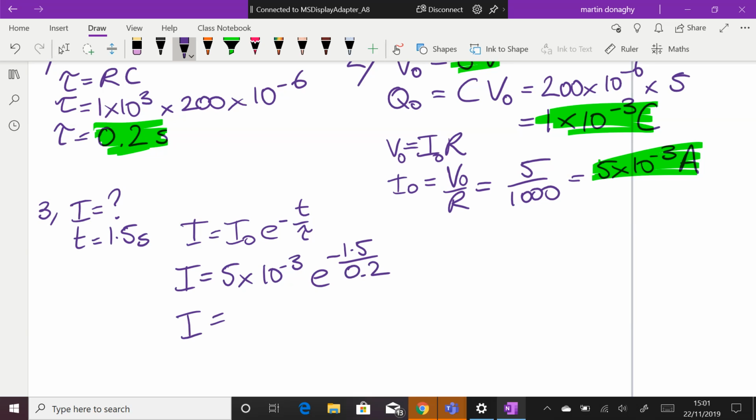Always be careful when you're typing that into your calculators that you include the minus with the e. Okay, we are expecting this to decrease. And it should give you 2.77 by 10 to the minus 6 amps.